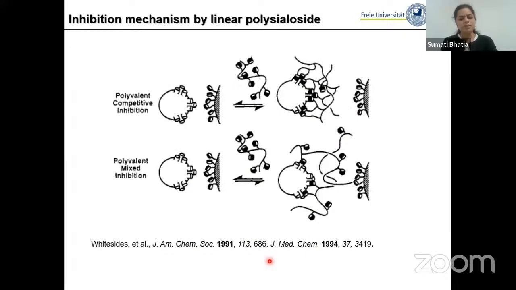Now, this inhibition concept is not new. It was introduced in 1991 by Whitesides at MIT. They proposed 2 different types of inhibition mechanism.